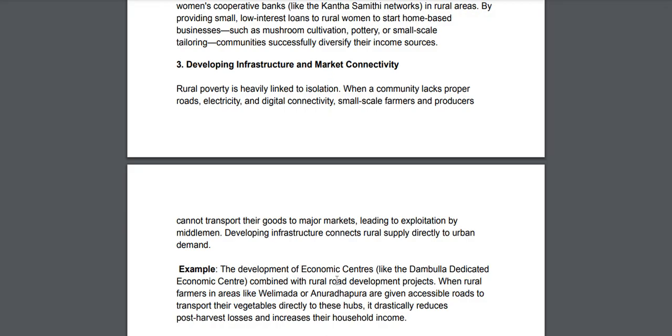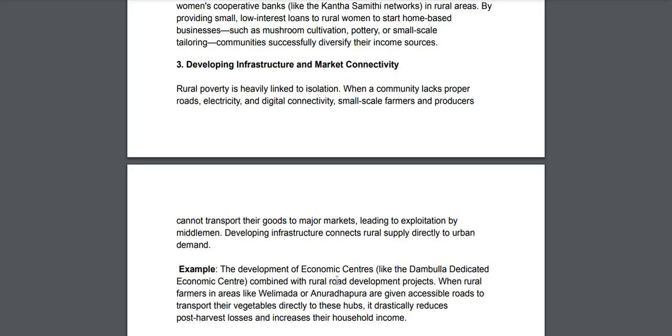In order to start a small home based business, they have given those kinds of financial opportunities. And after that, they are making the market, right? So they are making a place to sell the products which have been made through those small businesses.